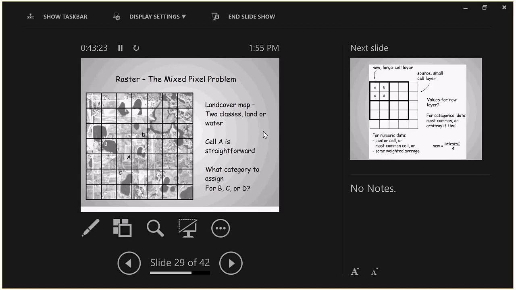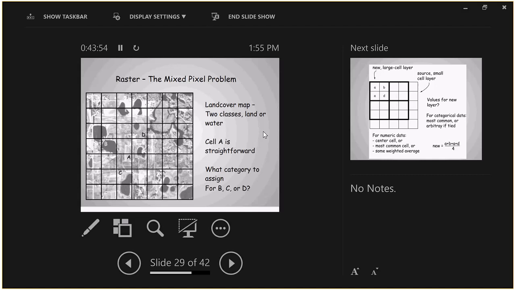Okay? So in this case, if you had a map that looked like this, every cell has to be either assigned water or land. Well, this one's land, that one's land, that one's land, that one's land. Those are all easy. What about some of these other ones? It's hard to determine whether we should be coding those land or water. What should we be coding them? Well, in those cases, there are a few different ways we could go about that.